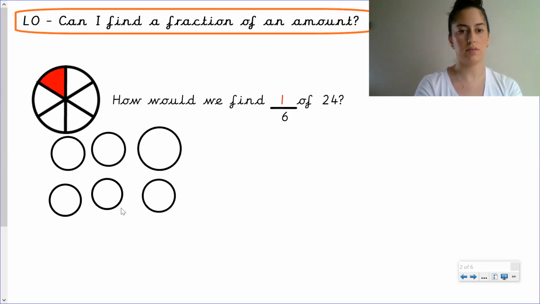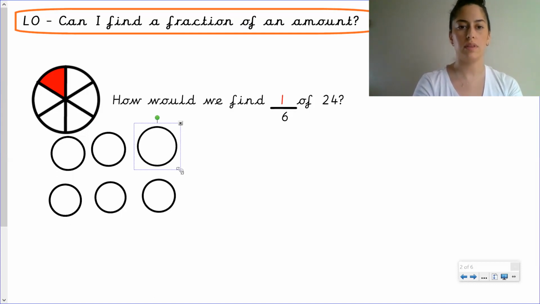So I've got 6 groups, and I want to divide 24 equally within my 6 groups.